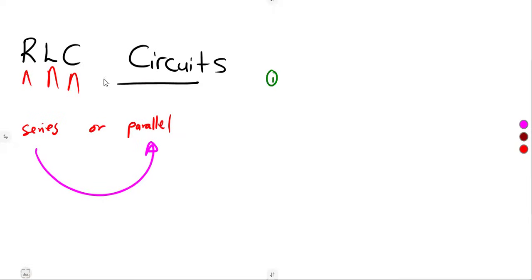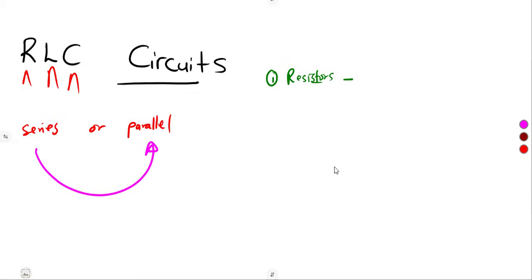Meaning to say, working with a purely resistive circuit, where we are dealing with only a resistor. What happens in a purely resistive circuit? You will find out that in a purely resistive circuit, the current and the voltage are in phase.